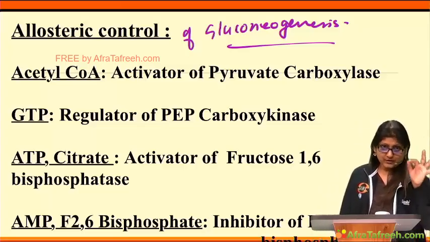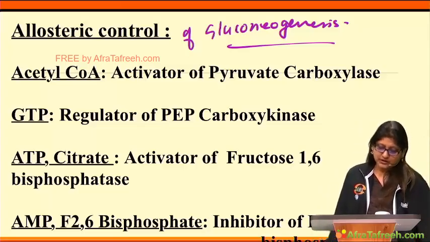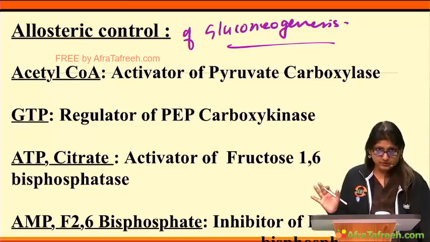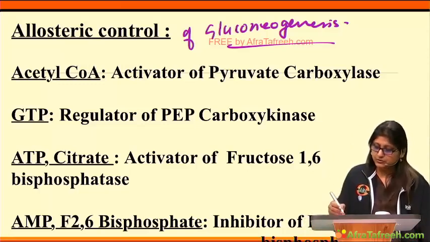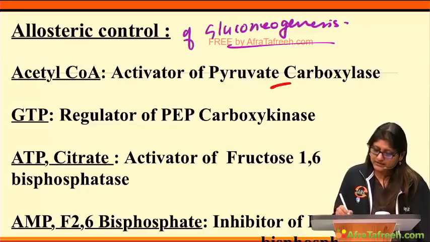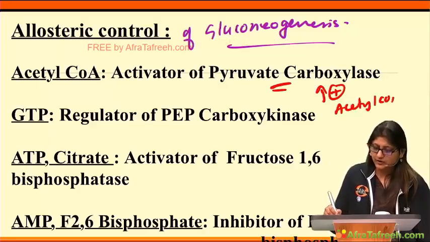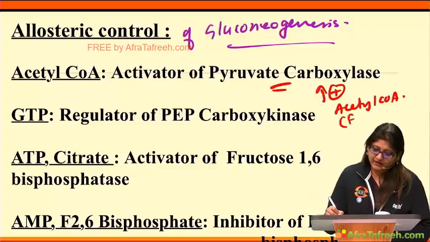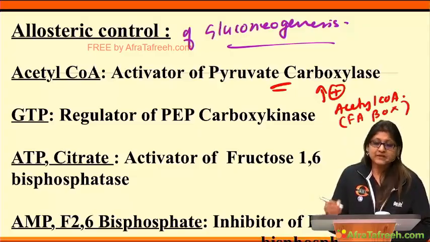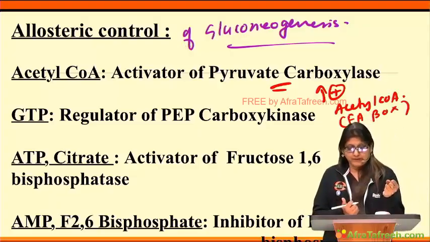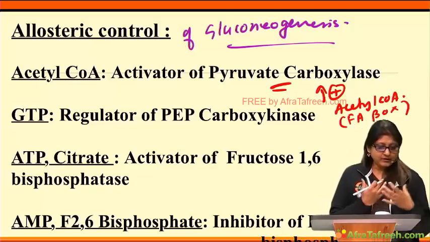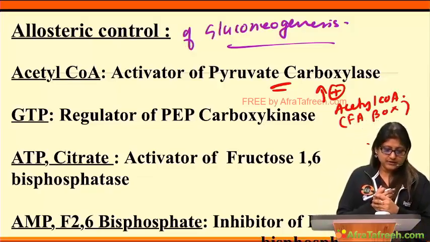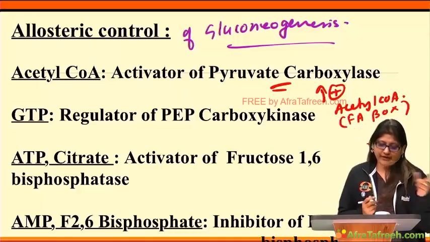So now coming to allosteric control of gluconeogenesis, all these things you need to remember. Pyruvate carboxylase is activated by acetyl-CoA. It's an allosteric activator. So in mitochondria, if you have acetyl-CoA from fatty acid beta oxidation, it will activate pyruvate carboxylase and upregulate gluconeogenesis. Right? Very good. This you remember.